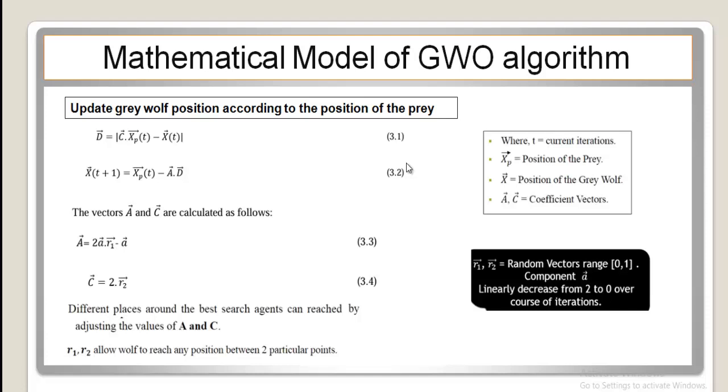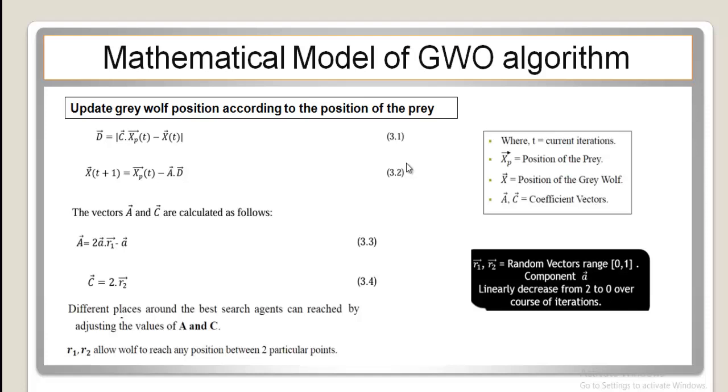The new position X(t+1) for the next iteration is determined by subtracting a portion of the distance D from the current position X(t), scaled by the vector A. This equation allows the omega to move either toward the best solution for exploitation or in the opposite direction for exploration, depending on the value of A.